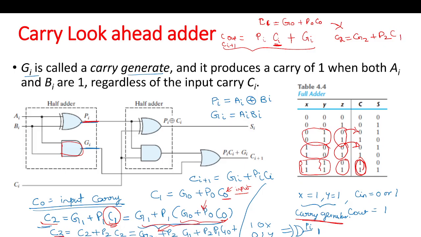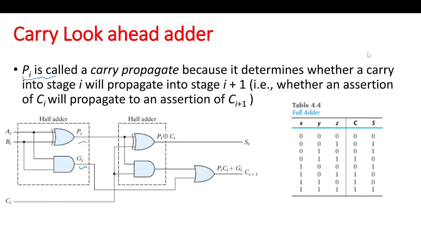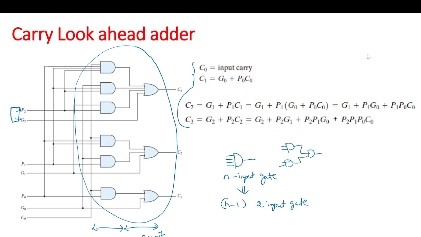Now if we want to compute C1, then we have to wait. Instead of that, we will replace this equation and compute it. So the number of gates increases, and the number of inputs to the gate also increases because here we need a 4 input gate, but we are able to pre-compute the carry.